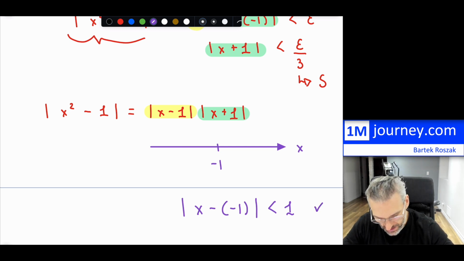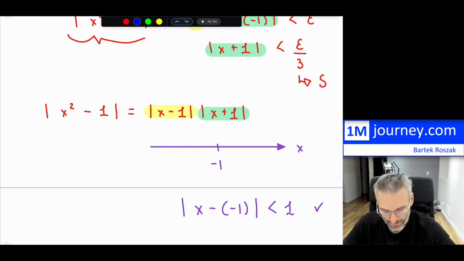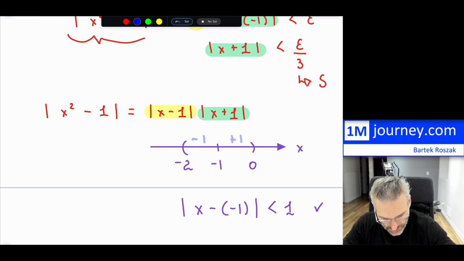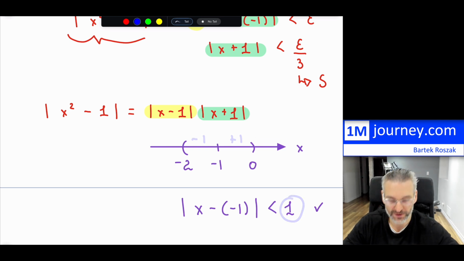What it means is that around this value, -1, you are only choosing, because I put less than, because we want to put a bound on it entirely, so this is going to be, I guess, 0. And this right here is going to be -2. So notice that is +1 in this direction and -1 in this direction, and that 1 is coming from here.